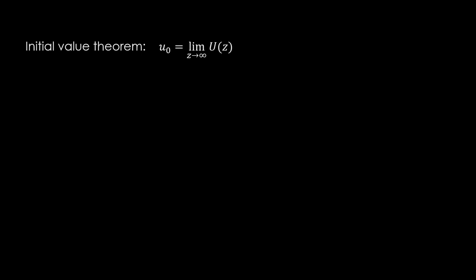Next is initial value theorem. u0 can be written as limit U(z) as z tends to infinity. u1 is equal to limit of z into U(z) minus z into u0 as z tends to infinity.